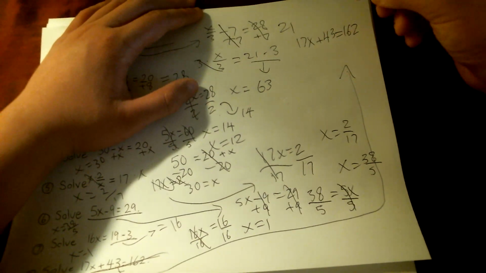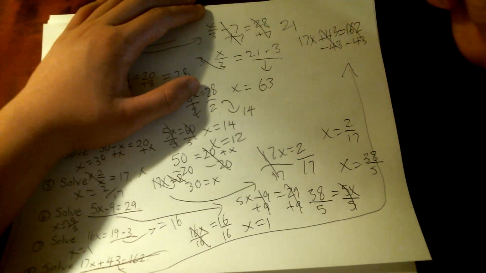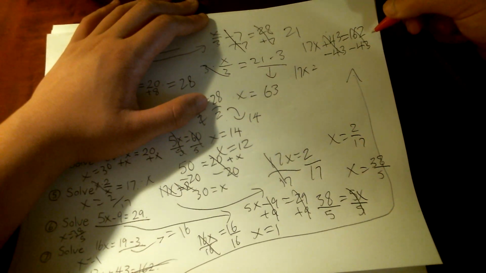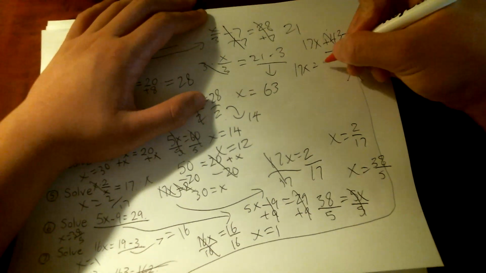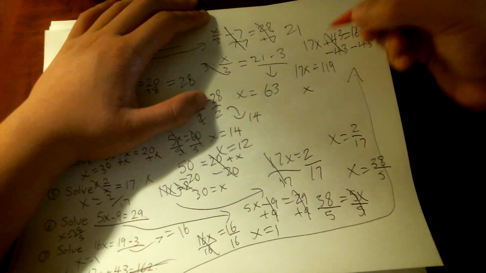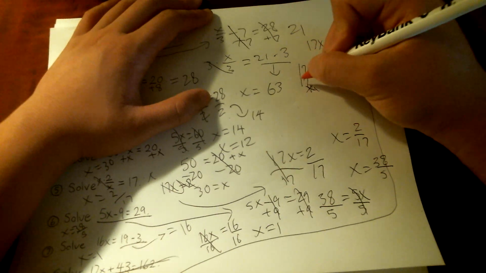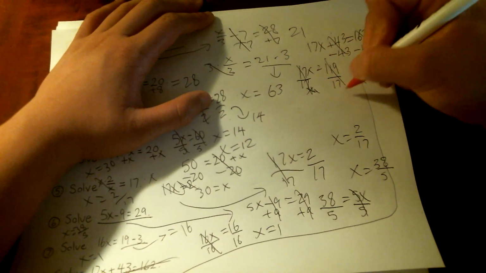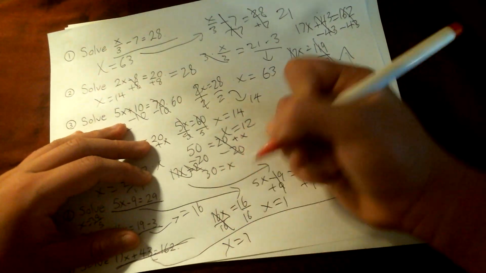We would have to minus 43 from both sides. This would turn into 17x equals 119, I believe. And then we would divide by 17 from both sides. And then this would equal 7. So x would equal 7. So that would be the final answer for that one.